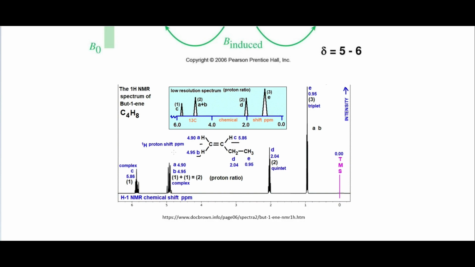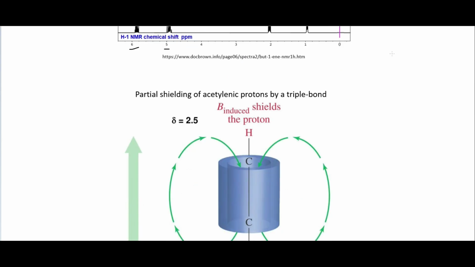The A and B are right here, and we have our C proton over here. Those are showing up quite a ways over to the left compared to just the alkyl protons over here, at around 5 and 6, which is what this figure tells us.